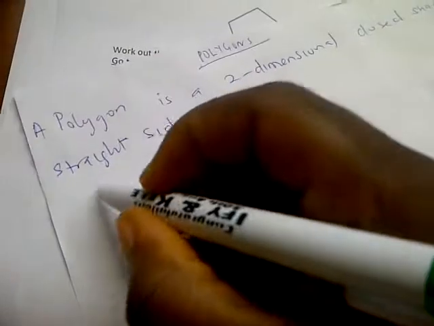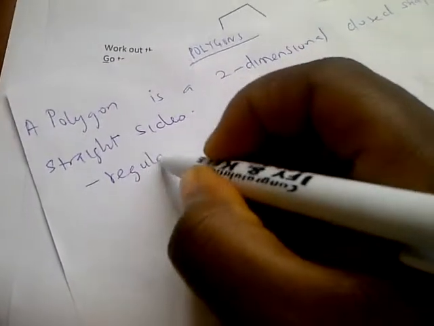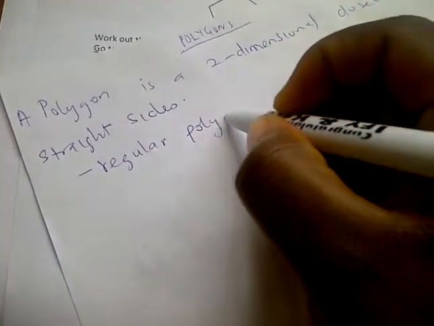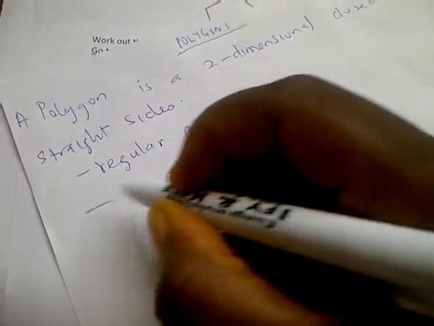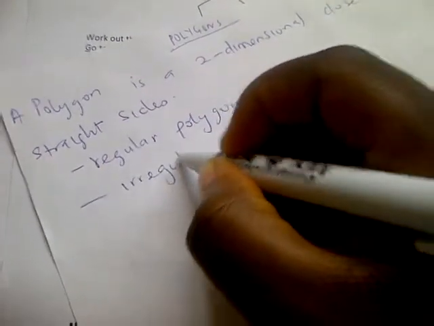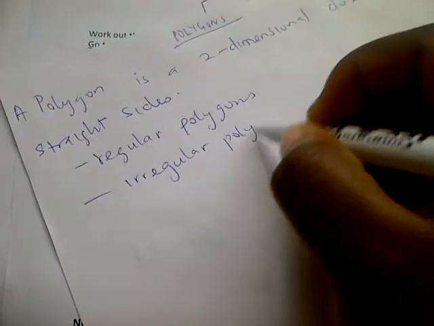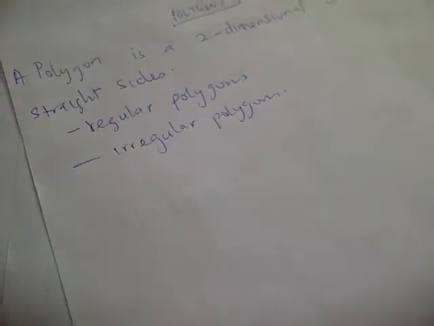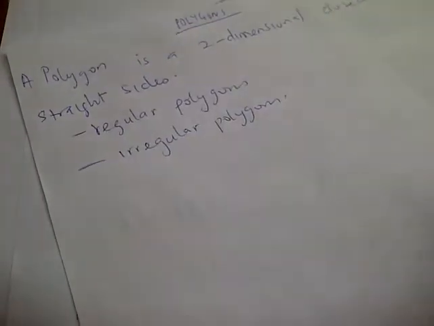We have two types: regular polygons and irregular polygons.